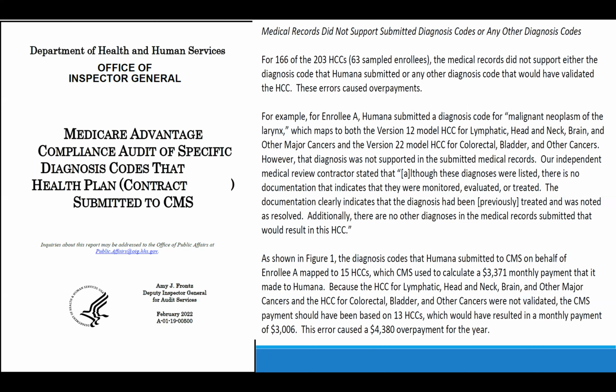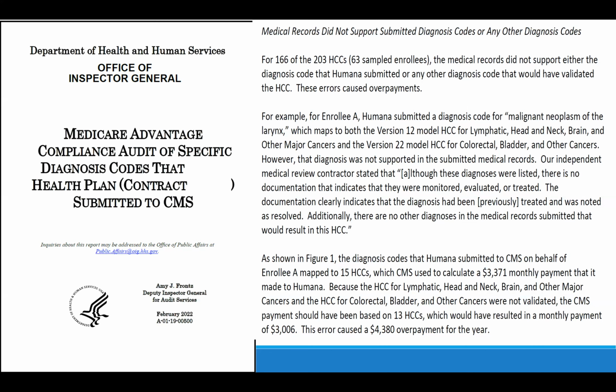That sentence right there indicates the biggest error in the neoplasm category, and that is current versus historical.